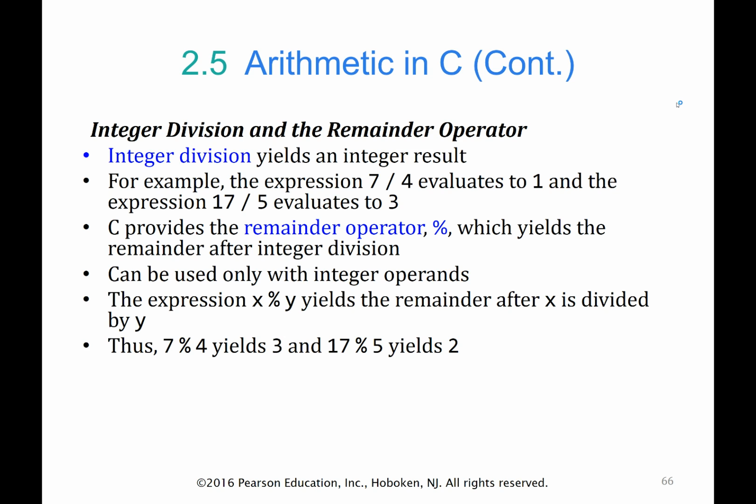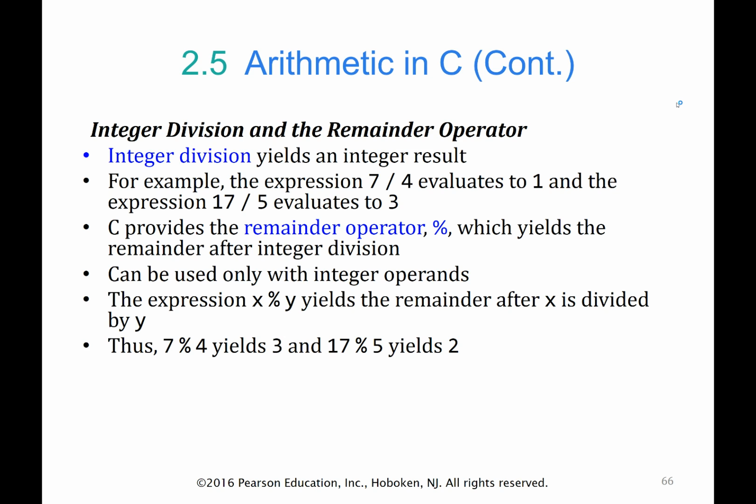Integer division right there. If we're doing integer, the result's going to be an integer, and we ignore the remainder. So 7 divided by 4, if it's an integer, is going to give you a value of 1. If it happens to be a floating point, it's going to give you the value of 1.75.